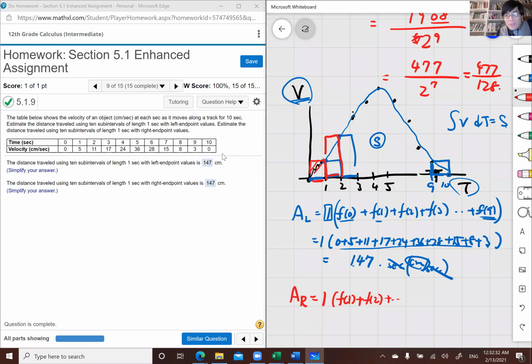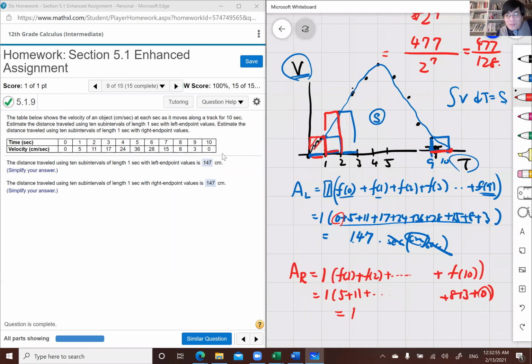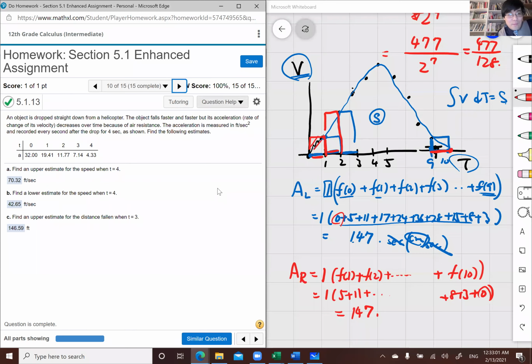If you keep doing that, for the last one you're going to use f of 10. So in this problem, you start with 5 plus 11 plus and so on, plus 8 plus 3 plus 0. You see that this 0 is replaced by this 0, so in this case there's no change. So this estimation also gives you 147.